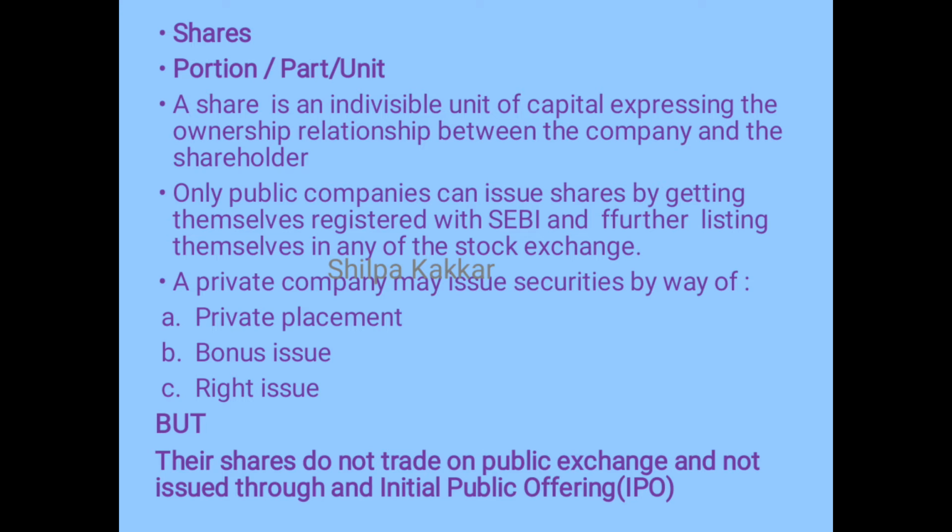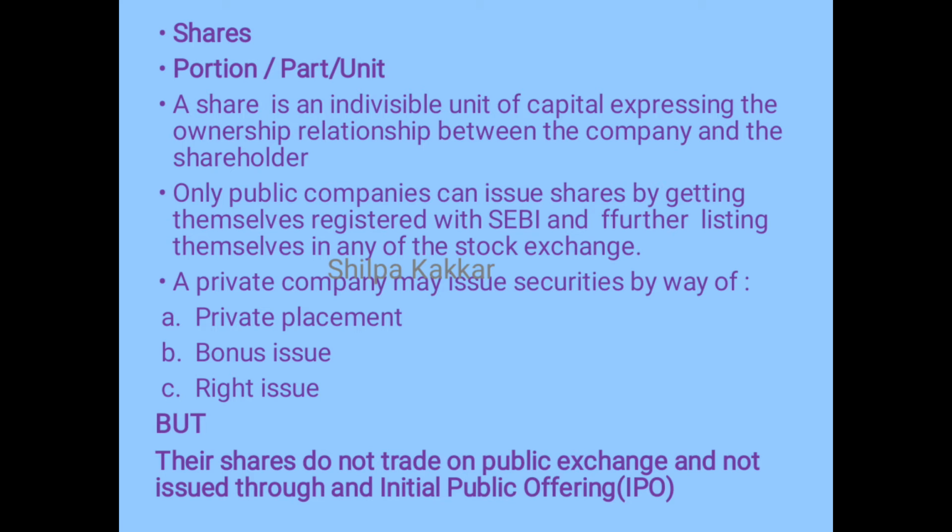So, a public company can only issue the shares. A private company cannot issue the shares, but they may issue the securities. There are three ways in which a private company can issue securities, but a private company cannot trade their shares.